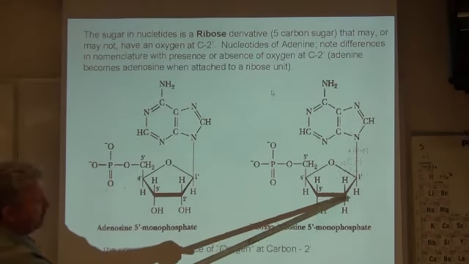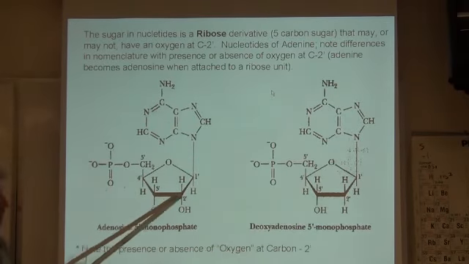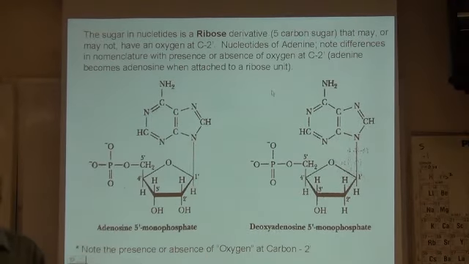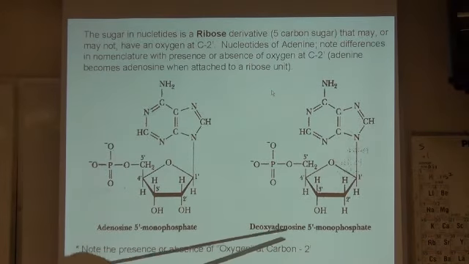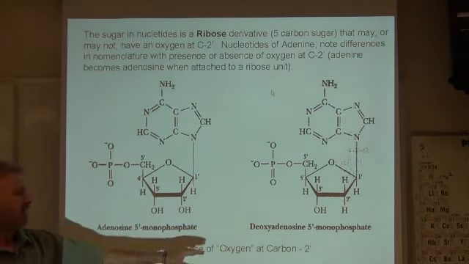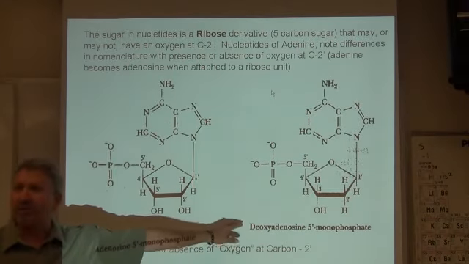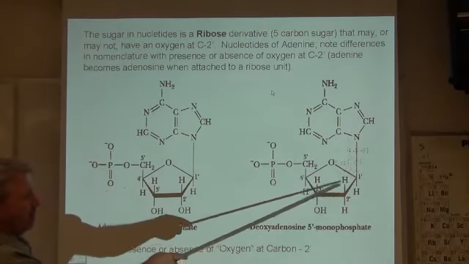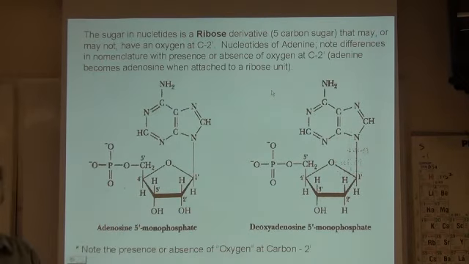In one, there's no oxygen, and in the other, there is an oxygen. Everybody see that? Without the oxygen, this is deoxy. Deoxyadenosine 5' monophosphate. You're not going to have to learn the names or name them using this terminology. But know that when there's no oxygen there, it's deoxy.